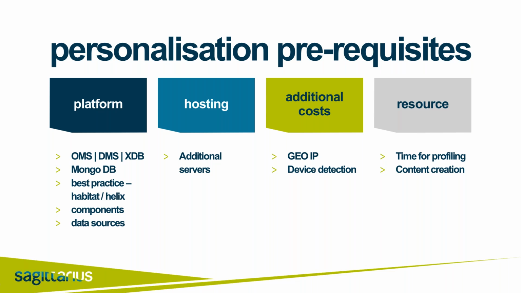In turn, you will need to address your hosting because obviously that's a lot of data to be storing. So to ensure that you don't have any performance issues with your site, your servers need to be set up correctly. There can be additional costs if you want to start targeting by GeoIP or device detection.